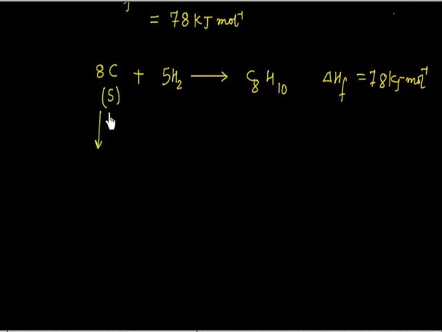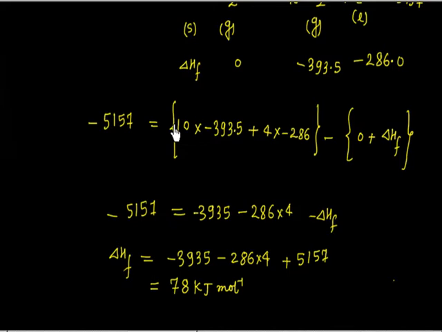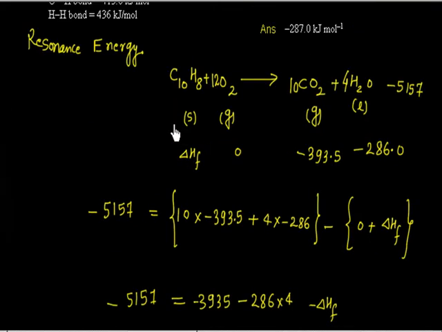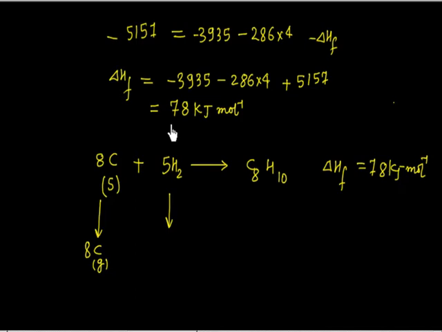First I have to atomize the solid carbon to carbon gas, and then atomize the hydrogen. Let me see, I think I made a mistake. This is C10H8, so I have 10 carbon and 8 hydrogen. So I have to multiply hydrogen by 4 and carbon by 10.